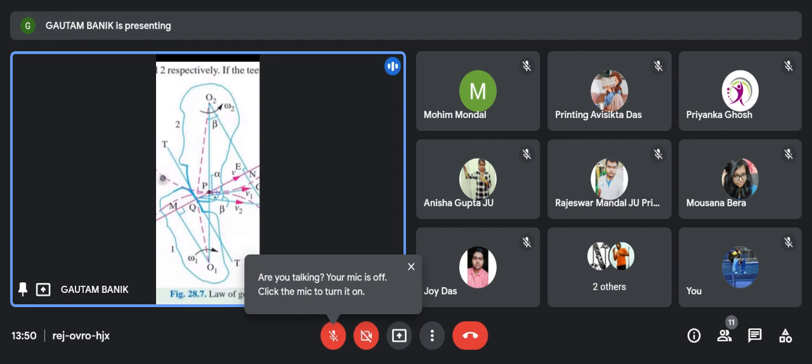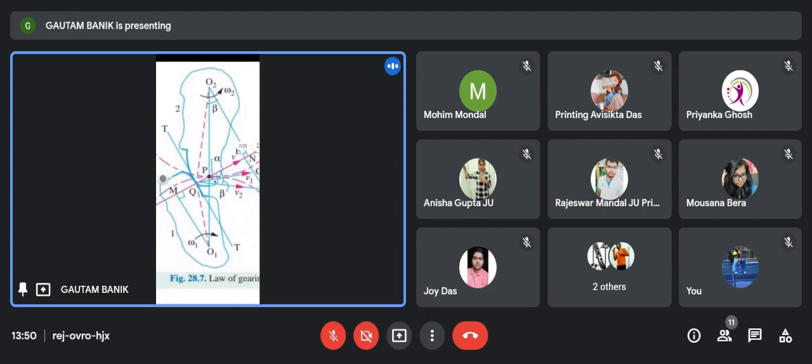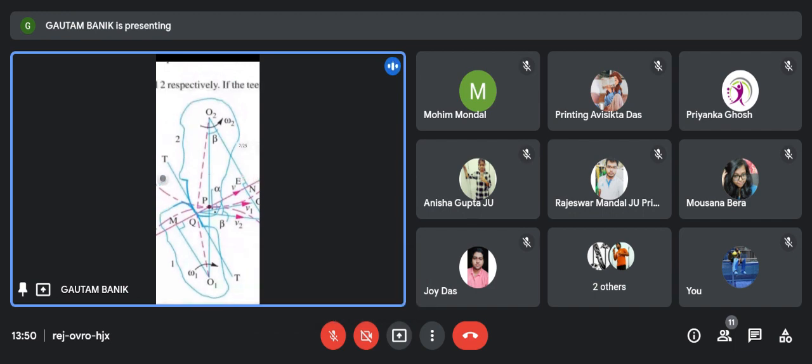You can take it horizontally also. Now O1 and O2, and this is the pitch point.